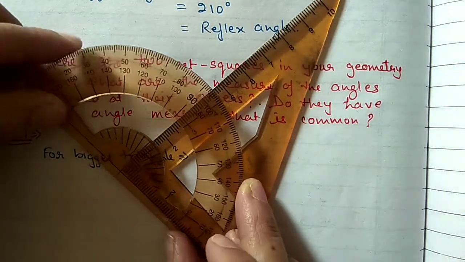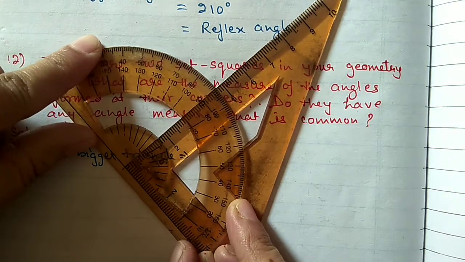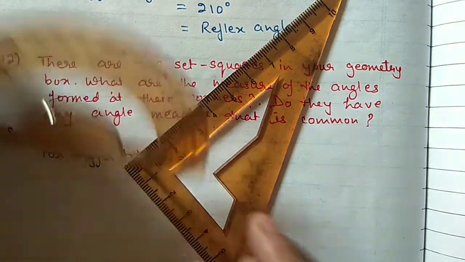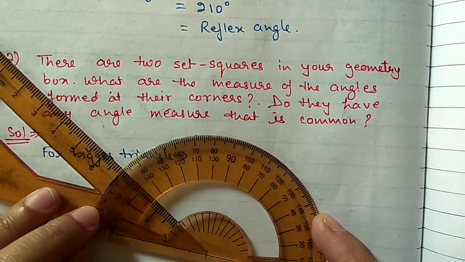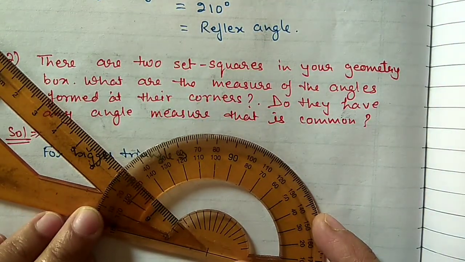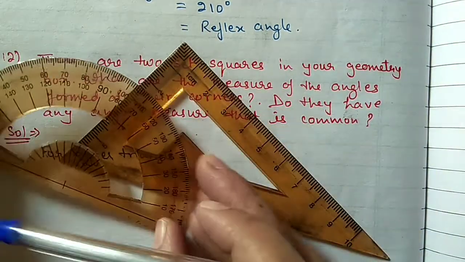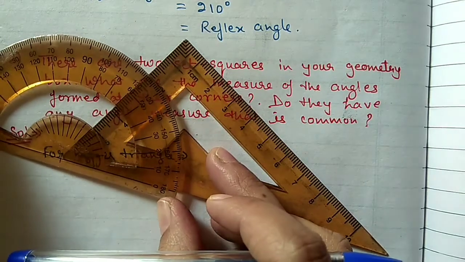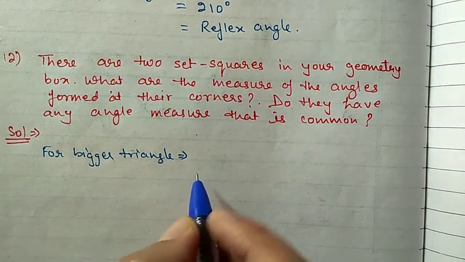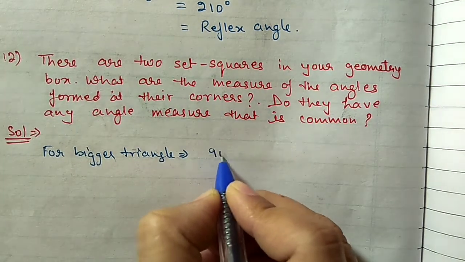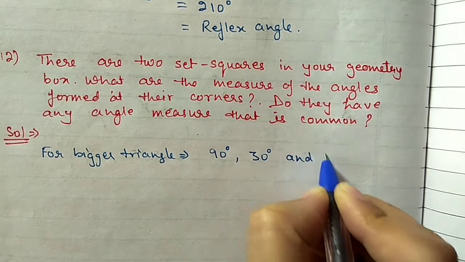So this angle, if you measure, you will get exactly 90 degrees, and this side, when you measure, it comes to 30 degrees. Similarly this side we can also measure, it comes to 60 degrees. So for the bigger triangle the angle measures are 90 degrees, 30 degrees and 60 degrees.